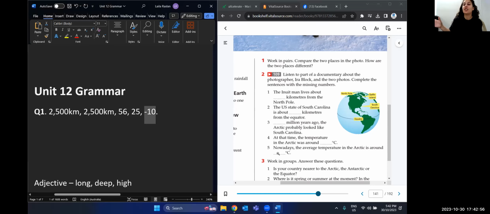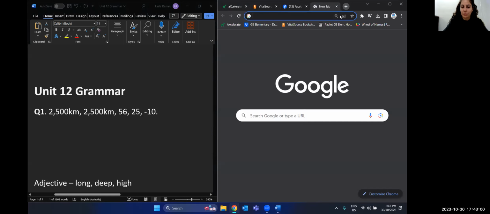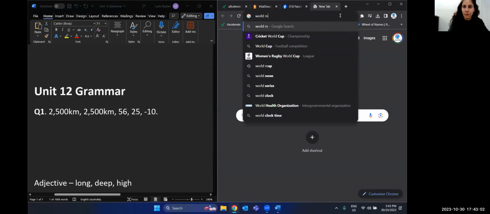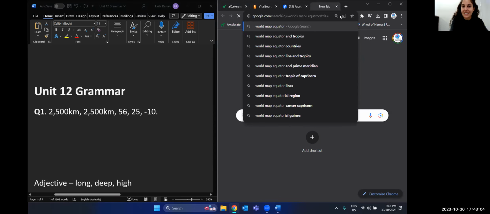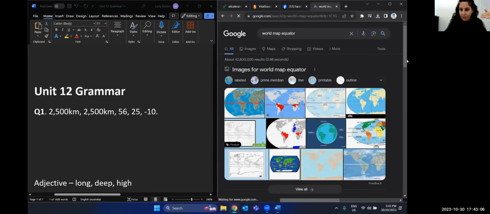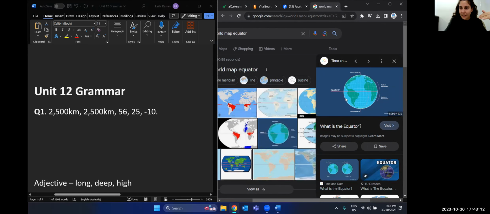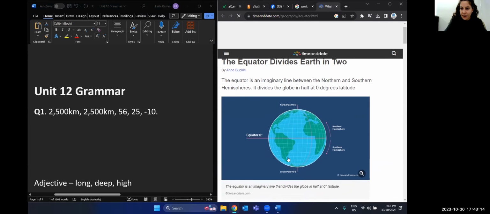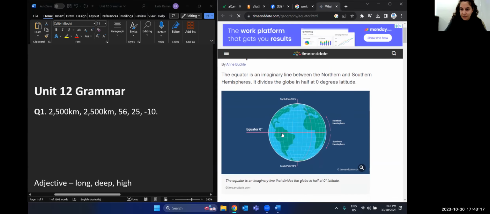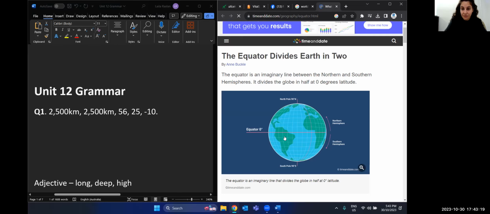So in your country, are you near the equator? If we look at the world map, we know the equator is at the center of the Earth. The equator. So if this is South America here, right?